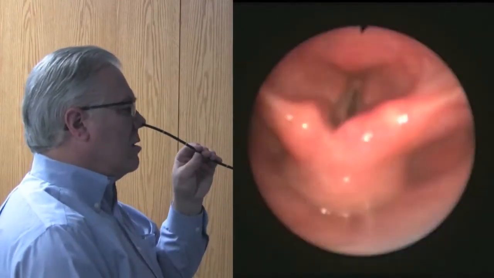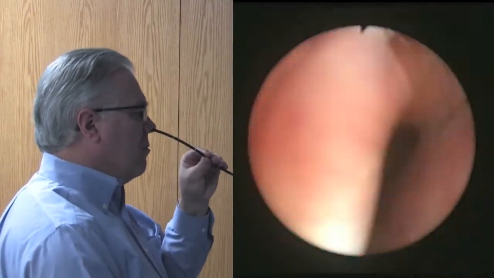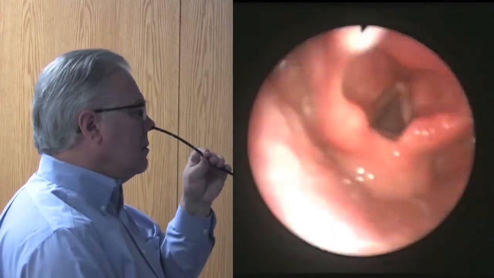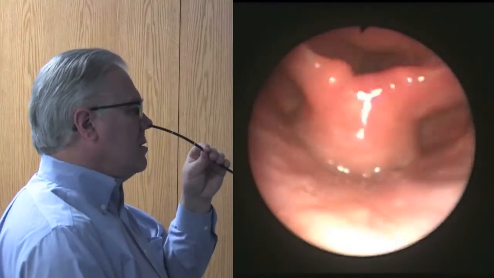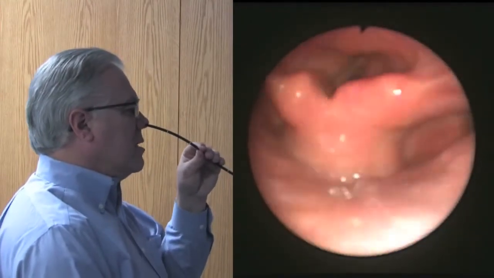So on the way out, what I'll show you is the right piriform recess, the left piriform recess, the arytenoid cartilages swinging in and out as I speak.